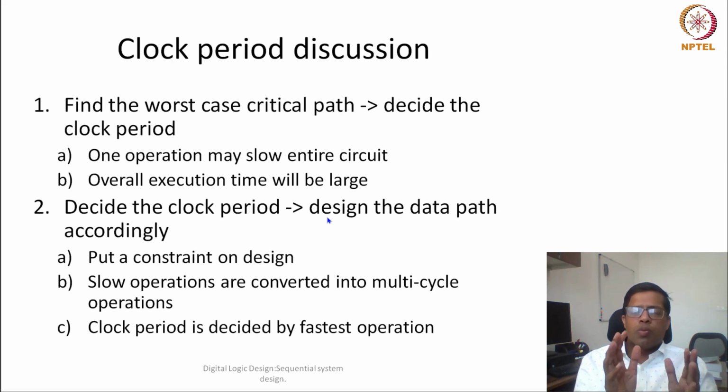If they are the most common operation, then they will decide the clock period. In other words, usually my addition will decide the clock period: addition time plus t setup time plus t register time or t propagation delay.